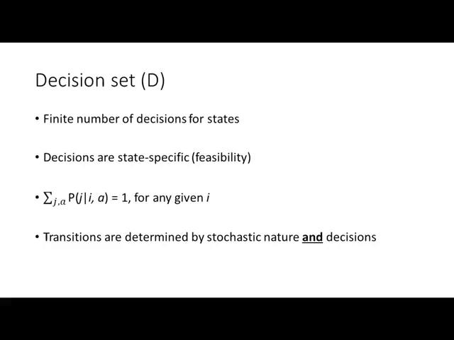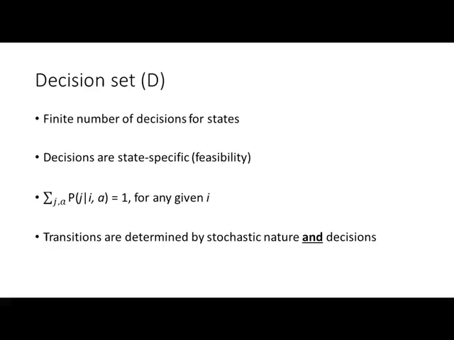Another observation we have to make is that this is very similar to the Markov chain, except now we have the decision here, and it states that if you start from any state I, the probability of making any decision and ending up in another state should add up to 1. So given a decision or multiple decisions, you will end up in one state, but the probability of ending up in any one state is smaller than 1, probabilistic, and the sum should be 1.